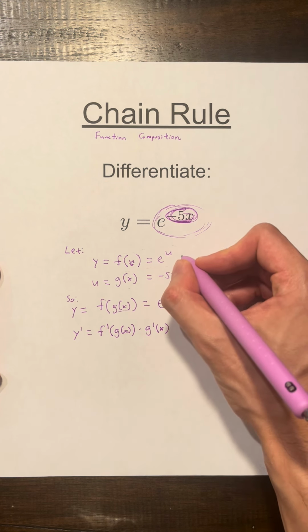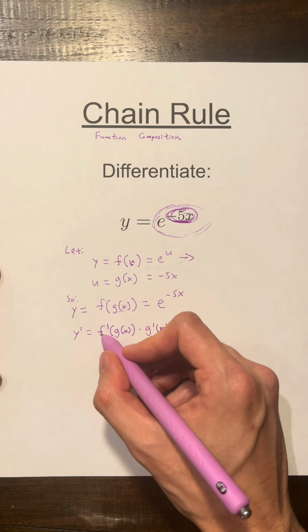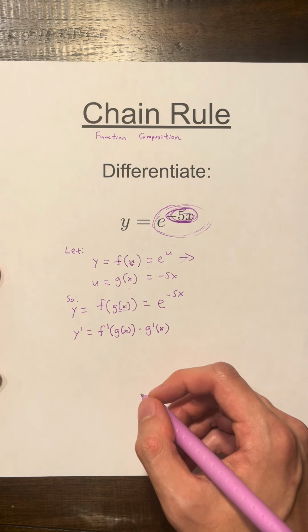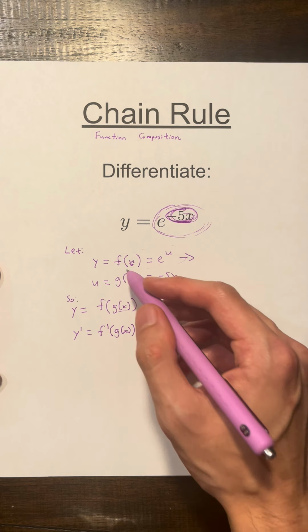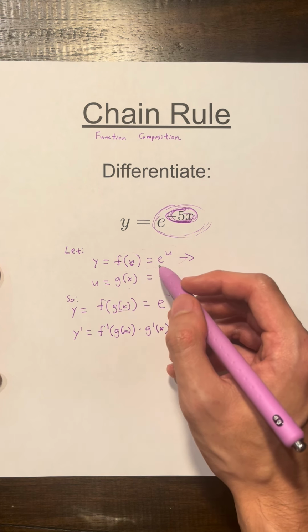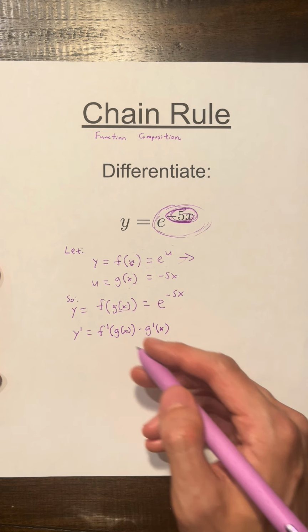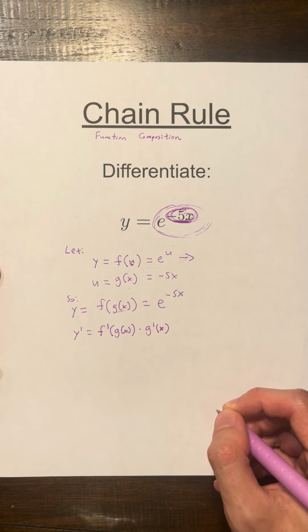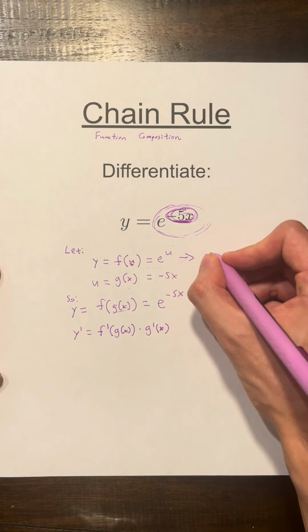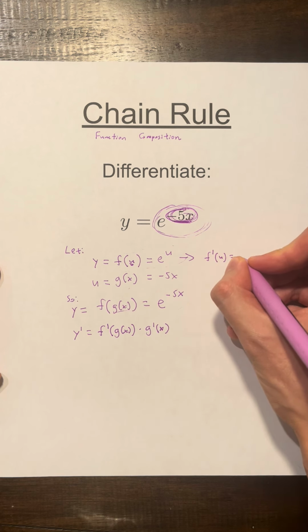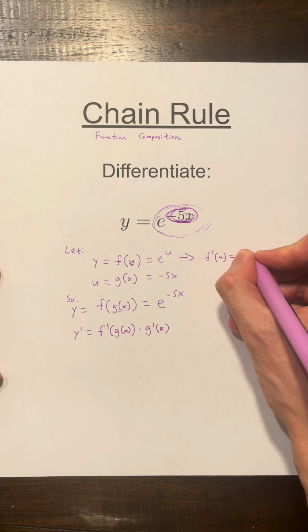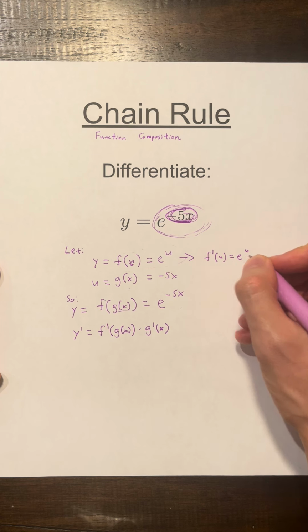Now, what is f prime going to be equal to? So we've got f of u is equal to e to the power of u. What's f prime? F prime is still going to be equal to e to the power of u.